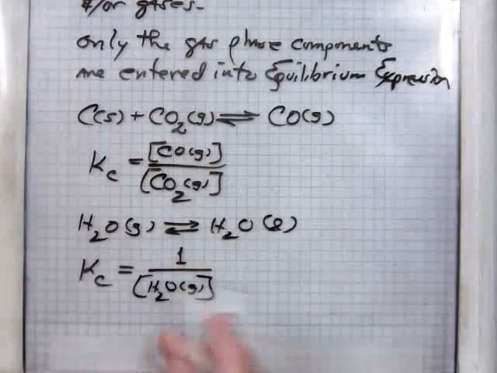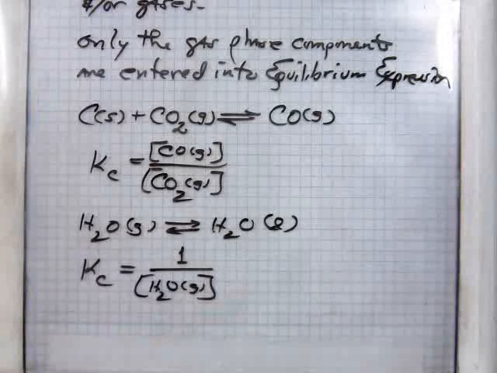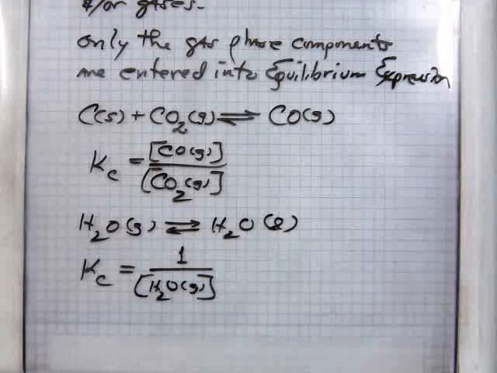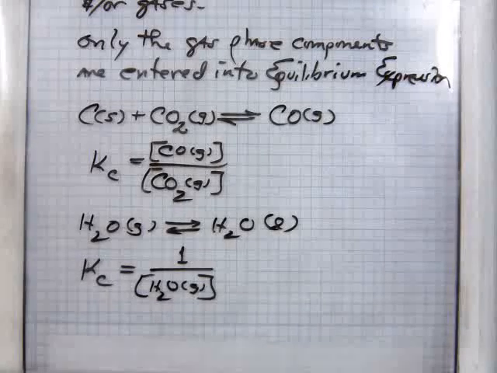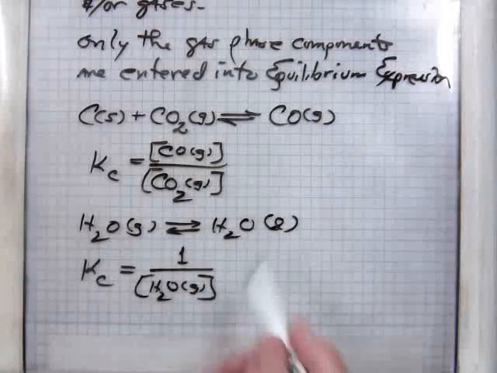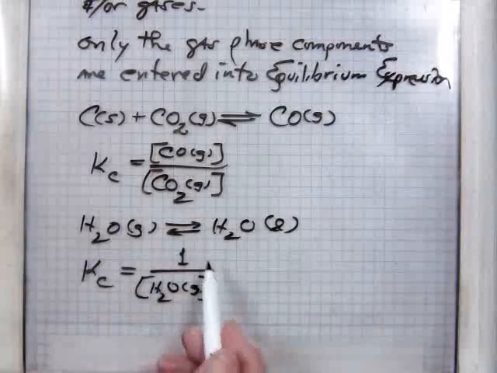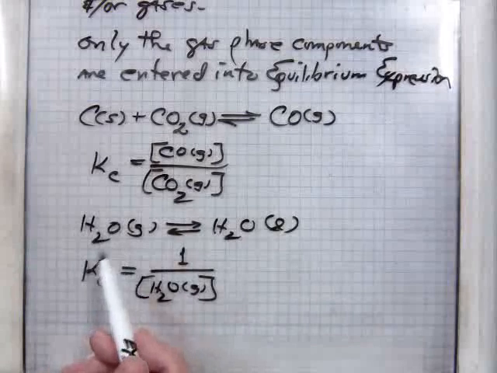Only the gas concentration, the more gas you get into the region above the liquid, defines the extent of that evaporation or condensation. Gas going to liquid, yeah, that's condensation. But it's products over reactants, and that is the expression.